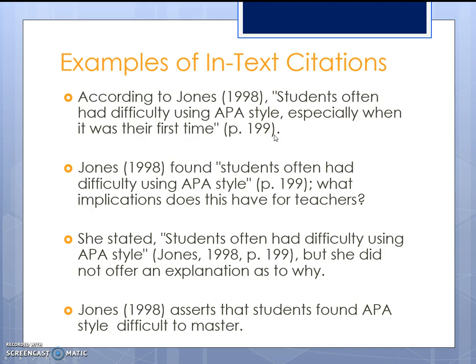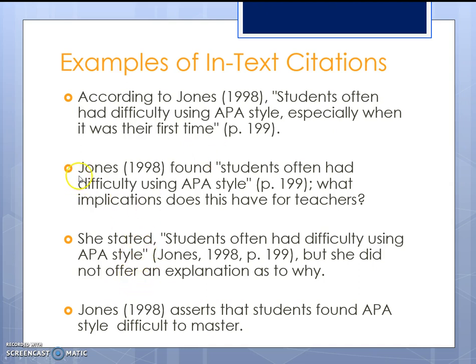You may break it up in this way, but the author needs to be paired with the year, because especially as you write longer papers, it's very likely that you will have multiple authors with the same last name or the same author writing multiple papers in different years. So the year is really important to make sure it's right next to the author.